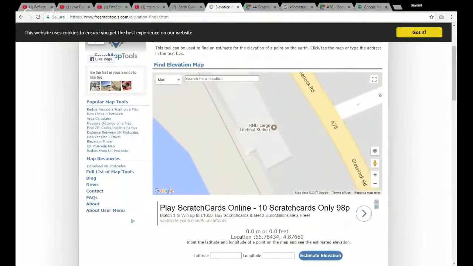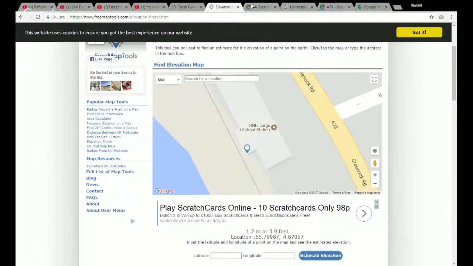Here, we're seeing at the bottom 1.2 meters or 3.9 feet. So we'll add the 2 feet of the height of the tripod and the camera, so 6 feet. So that's the first destination.